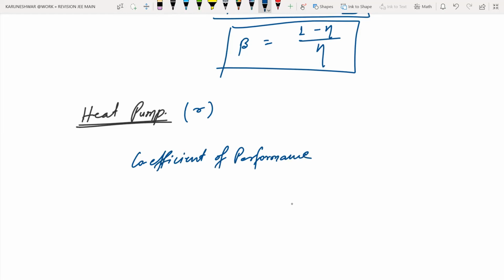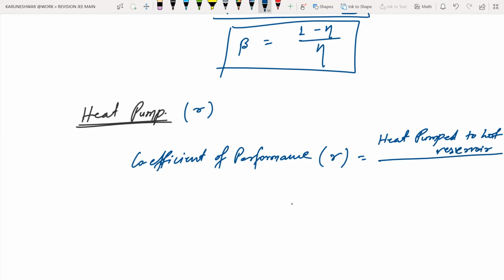So this is mainly the heat pumped to the hot reservoir, with respect to the work. That is called the coefficient of performance. So R is the heat pumped to the hot reservoir divided by the total work.